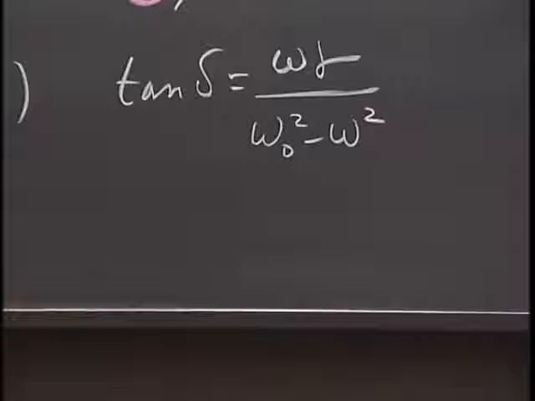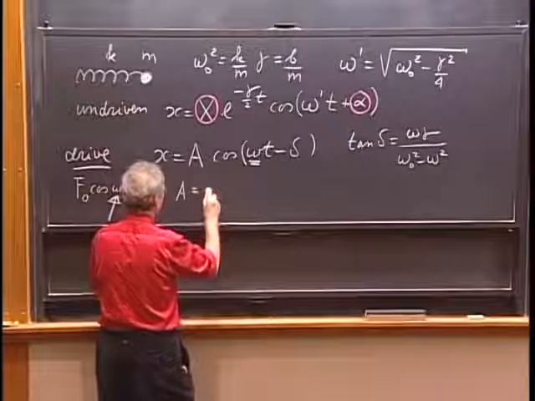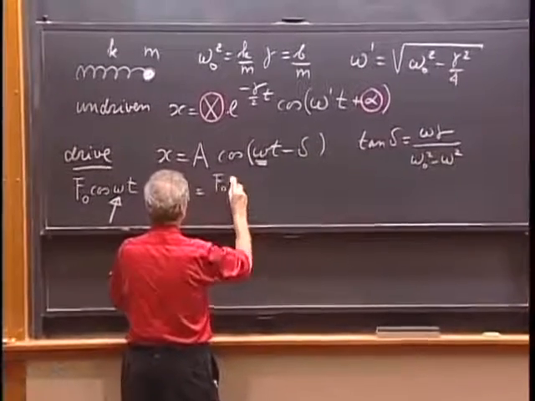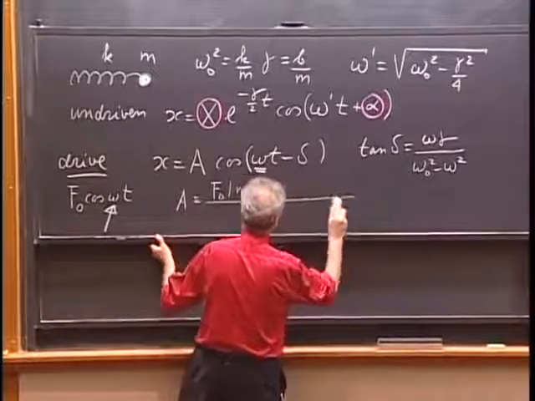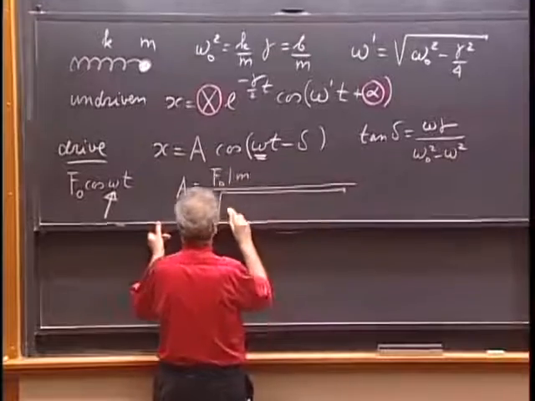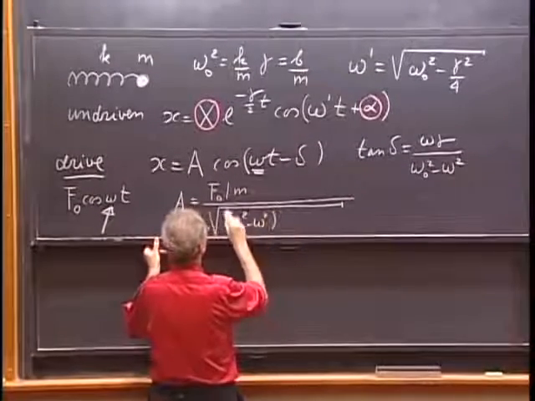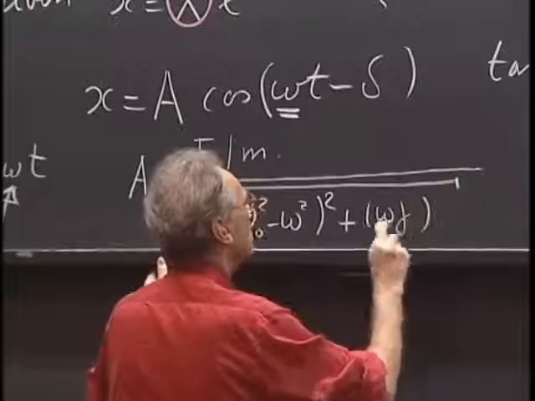And we found for A this monstrous solution. Remember, upstairs we had F0 divided by M. And downstairs we had the square root of omega 0 squared minus omega squared, all squared, plus omega gamma squared.